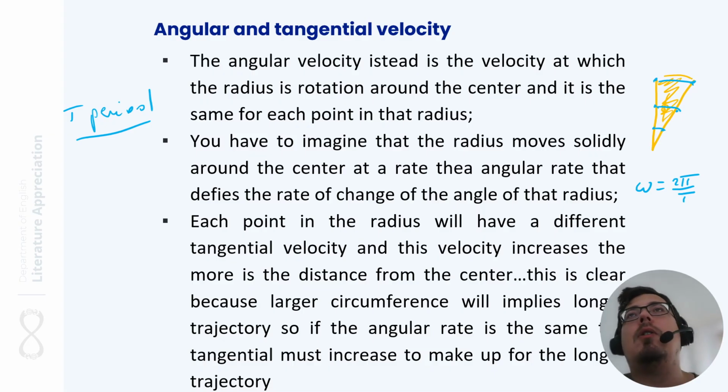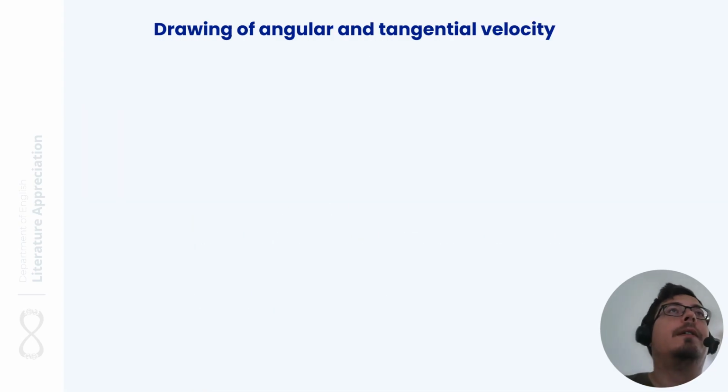Of course a particle moving in the center is way slower than a particle moving at the edges of the circumference, because the tangential velocity will be different. So angular velocity is important to understand the periodicity, the period, the frequency, but the tangential velocity will give you more information about the energy. Okay, so these two things have to be clear in mind. Tangential and angular velocity will carry different information, although they are related to one another.